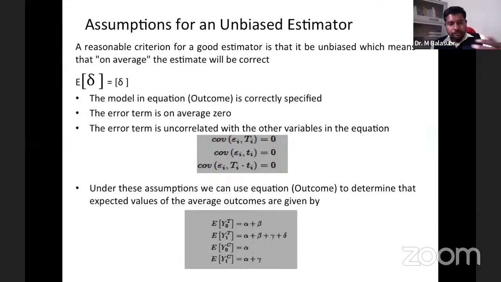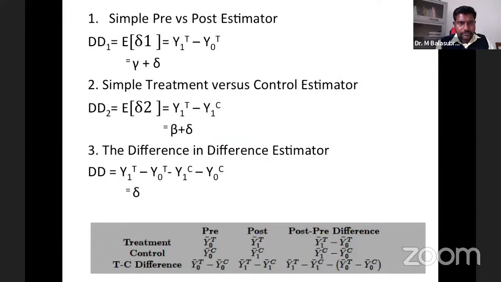See, before going to the final one, I am now comparing the two parameters, simply the participant before and after, the pre and post estimator. That is our next one. The estimator I am going to find here, DD1, I am taking because it is only one unit.